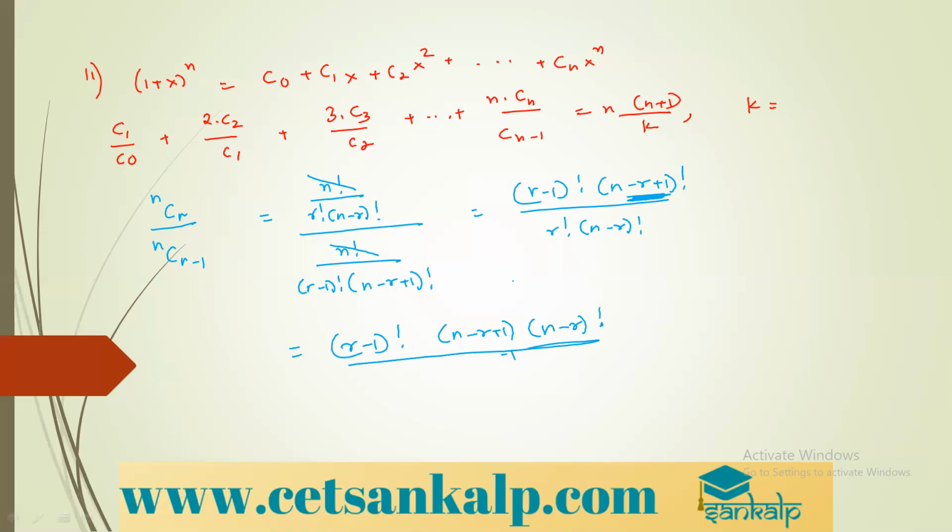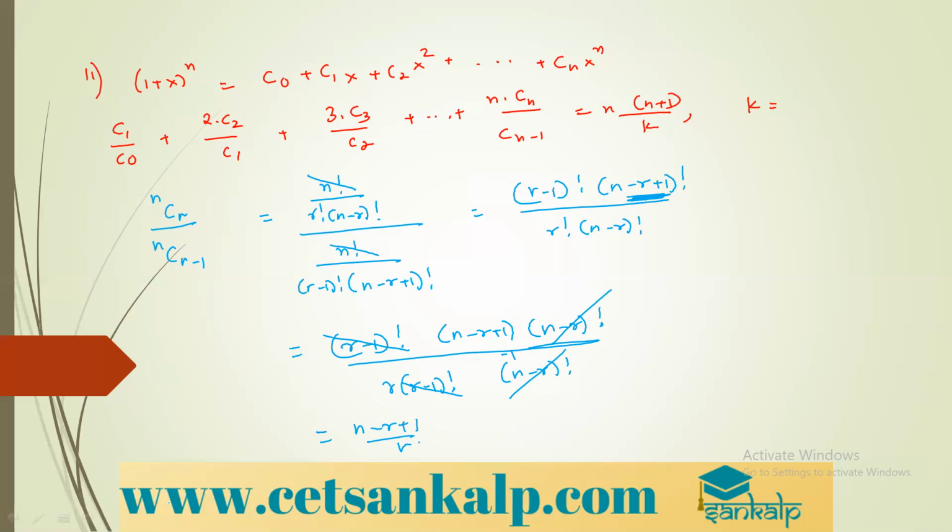In the denominator, r! I will write r into (r-1)! because I can cancel (r-1)!, and then I will write (n-r)! because I can cancel (n-r)!. So I am left with (n-r+1)/r.